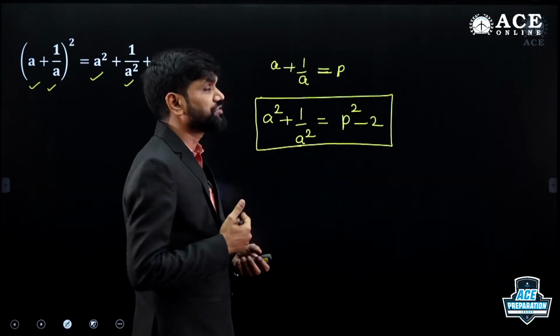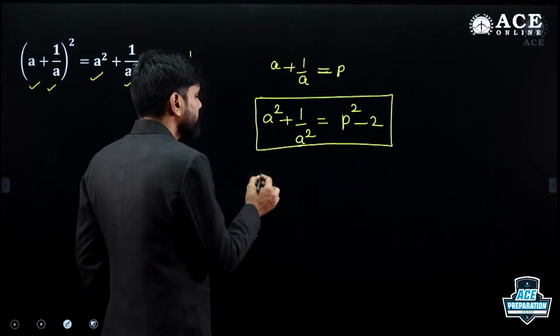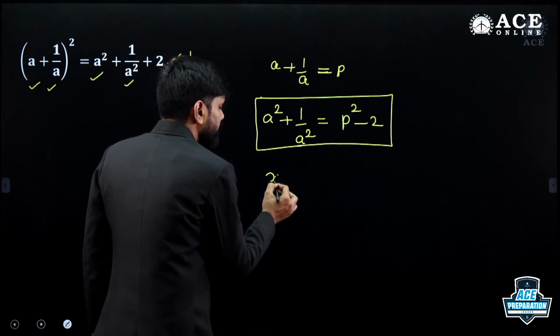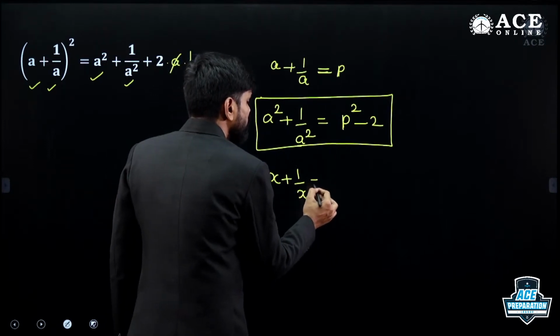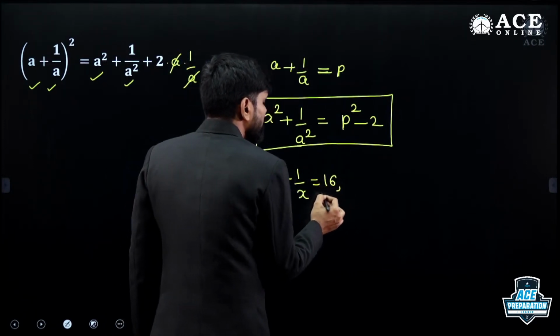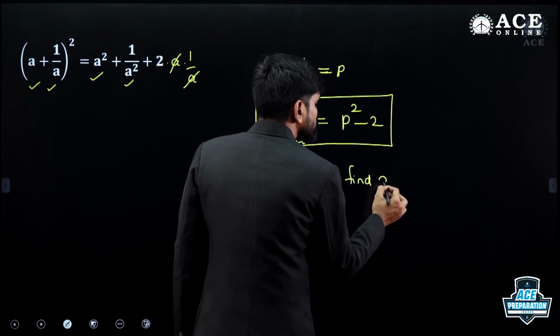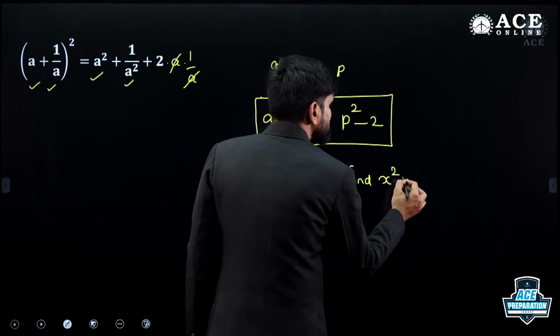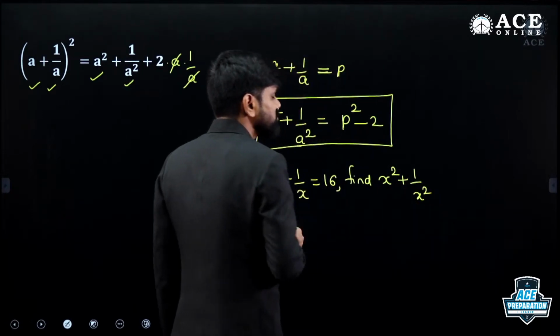How will they give you the question based on this in the exam, sir? Let us understand with a simple example here. If x plus 1 by x is equal to 16, they will ask you to find x square plus 1 by x square.